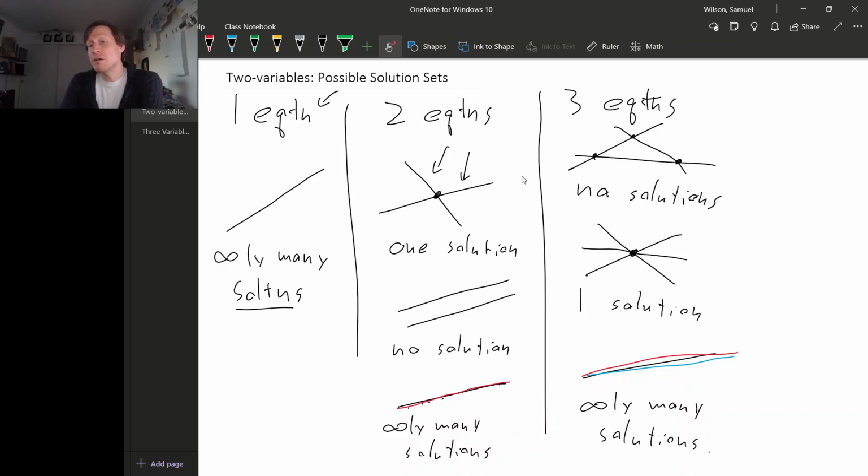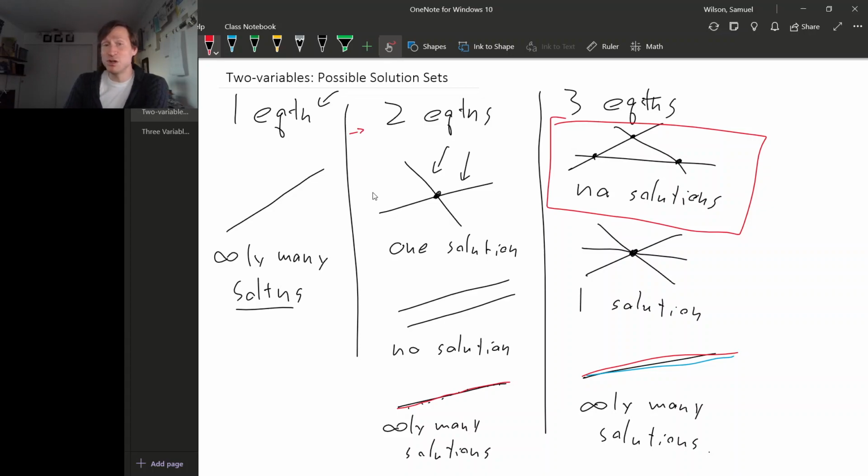Okay, now the important thing to notice about this three equation situation is that the typical configuration of lines, the typical situation, is actually the situation where there are no solutions. If you just pick three random lines, they probably won't all intersect in a single point. And this is in stark contrast to the situation with two equations.